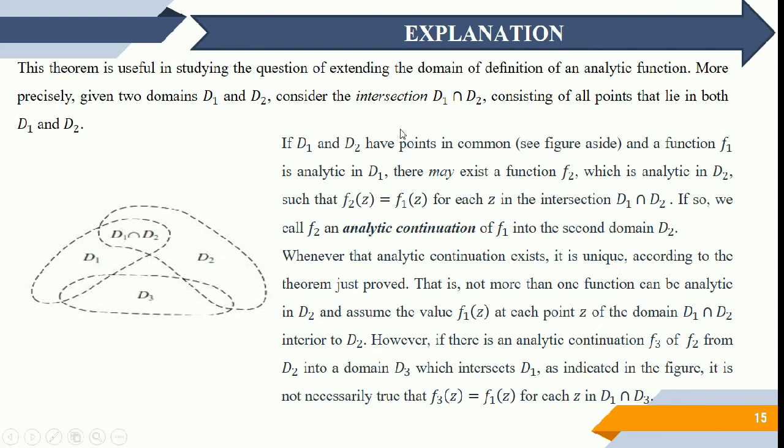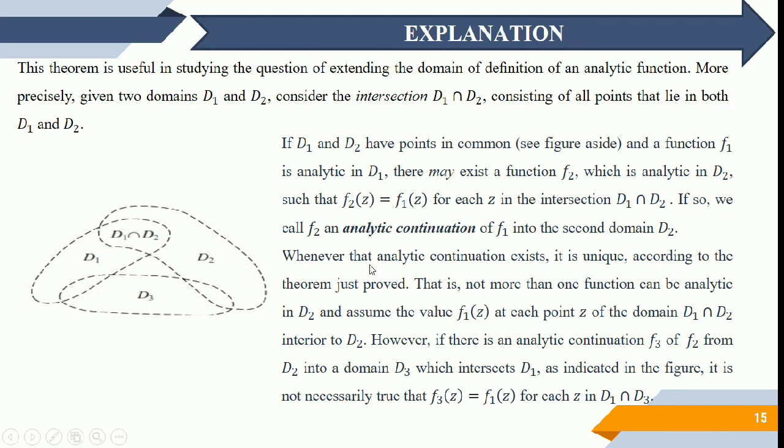If D1 and D2 have points in common, and a function f1 is analytic in D1, there may exist a function f2, which is analytic in D2, such that f2(z) equals f1(z) for each z in the intersection of D1 and D2. If so, we call f2 an analytic continuation of f1 into the second domain D2.